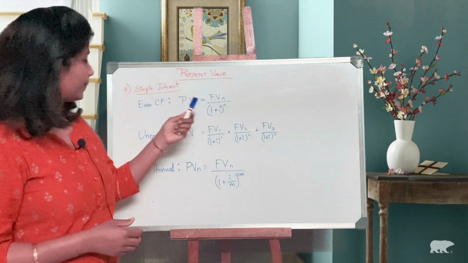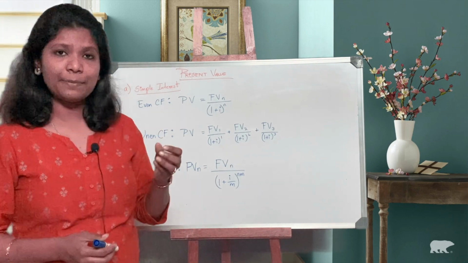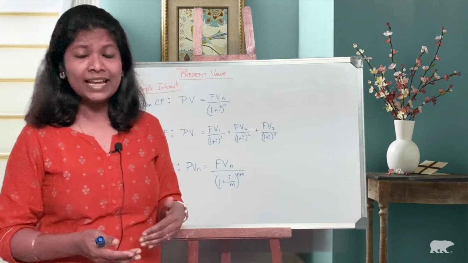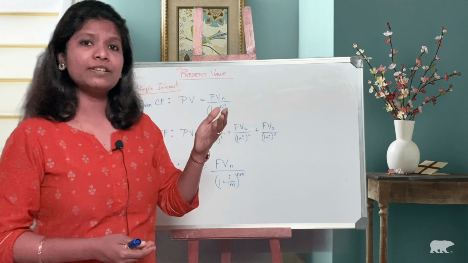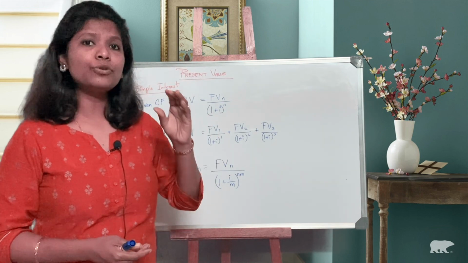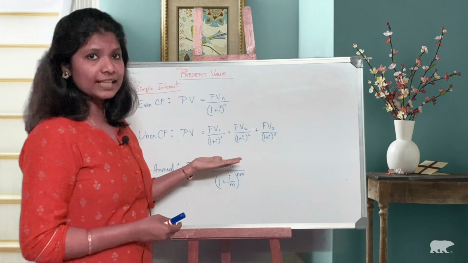Next, uneven cash flow. If I'm going to invest rupees 1 lakh in any investment opportunity and my cash flows in the upcoming years are uneven, one year I'm going to receive 50,000, another year 45,000, so the amounts are not even, then I'm going to use the next formula.